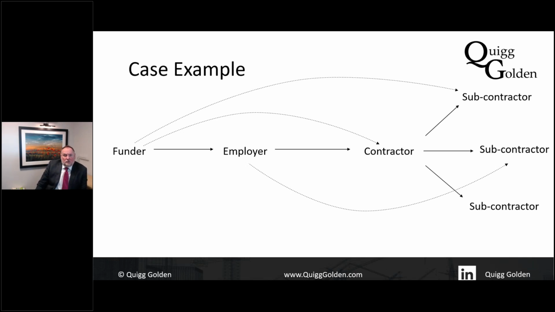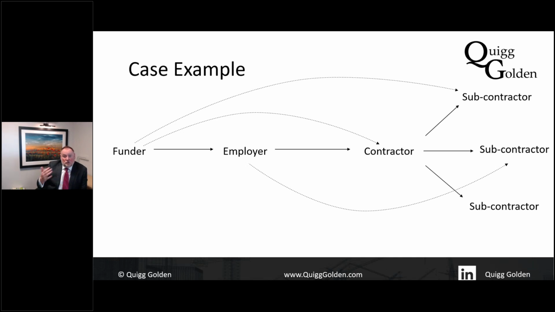Well, as the funder, I want to know, what happens if this employer becomes insolvent, or it runs out of money, can't afford to complete the building? Therefore, they may want to have a contractual link directly with the contractor, or one or more of the key subcontractors, and that's the dashed lines. These are collateral warranties.